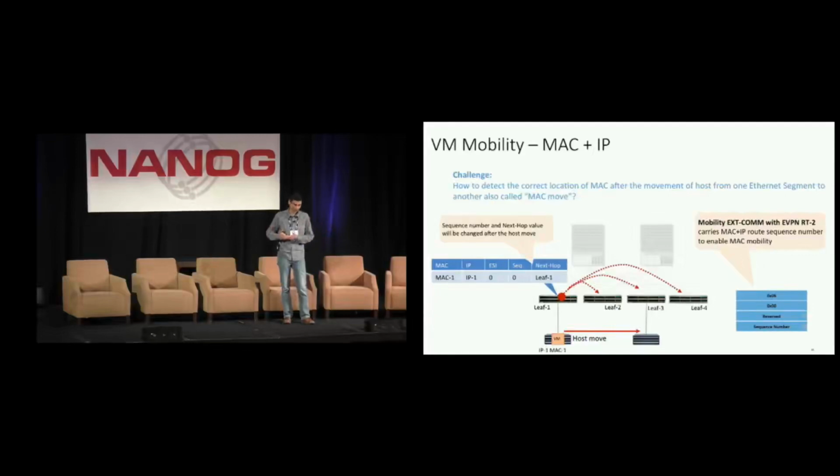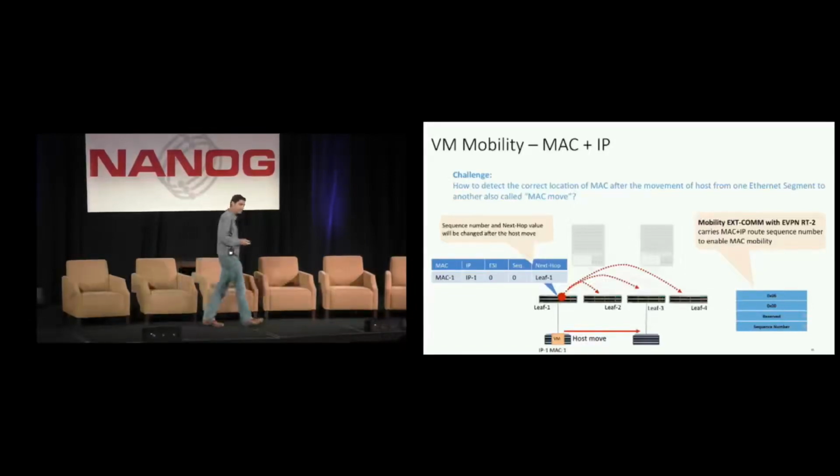This is accomplished via a route versioning mechanism, which is basically a sequence number attribute that is associated with each MAC plus IP route type 2. When a host is learned for the very first time, its MAC and IP route type 2 is advertised without any sequence number attribute attached, and the sequence number is implicitly assumed to be 0.